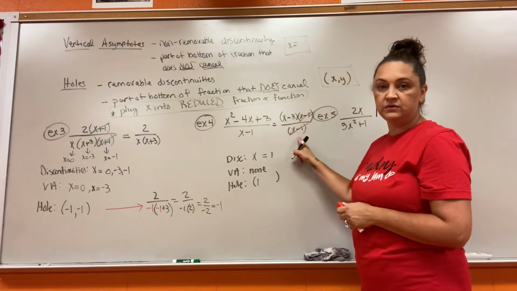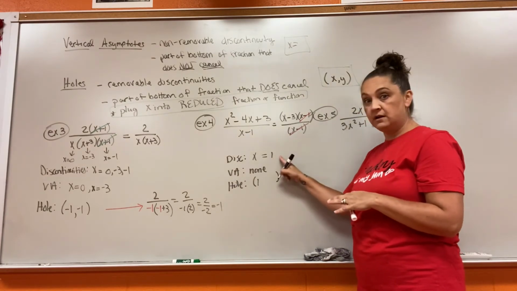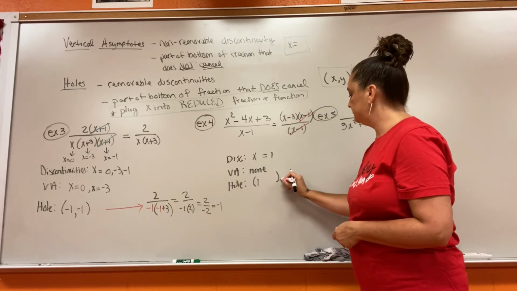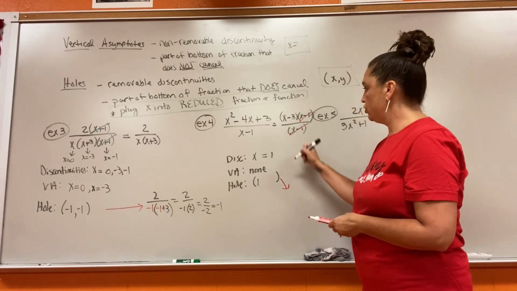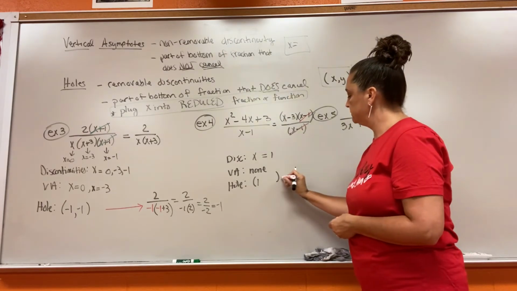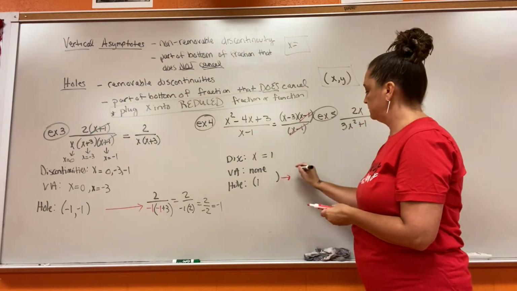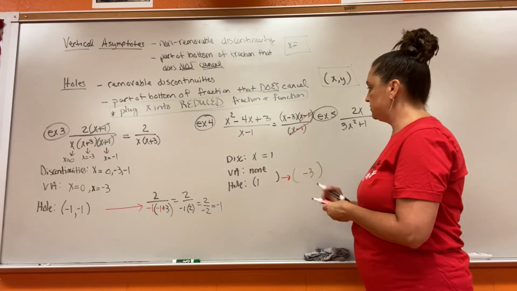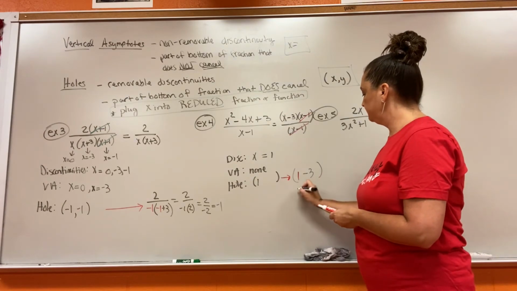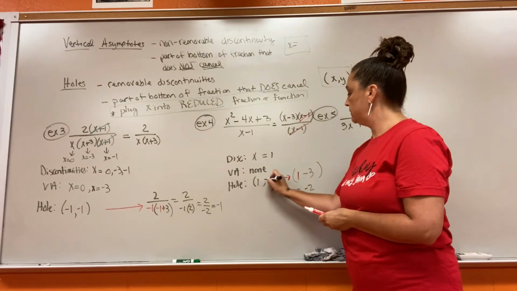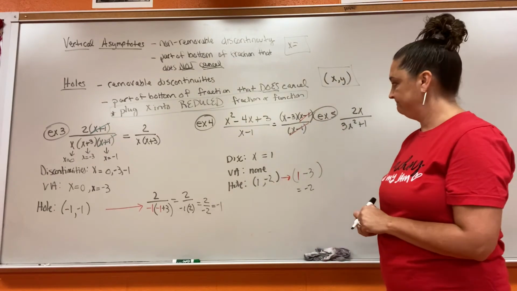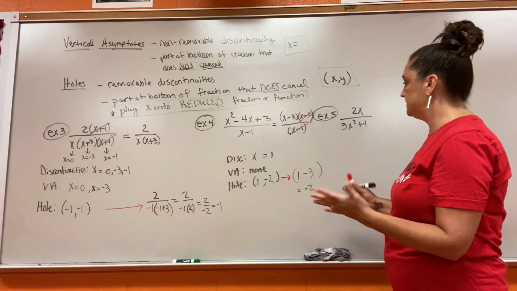Because if I set this equal to 0, I'd get a +1 for a discontinuity. And then don't forget, you have to plug this in to your reduced function. I did that. X minus 3 is the reduced function. Plug in a +1 there, and you get out a -2. So my hole is at 1, -2. It's just that easy.